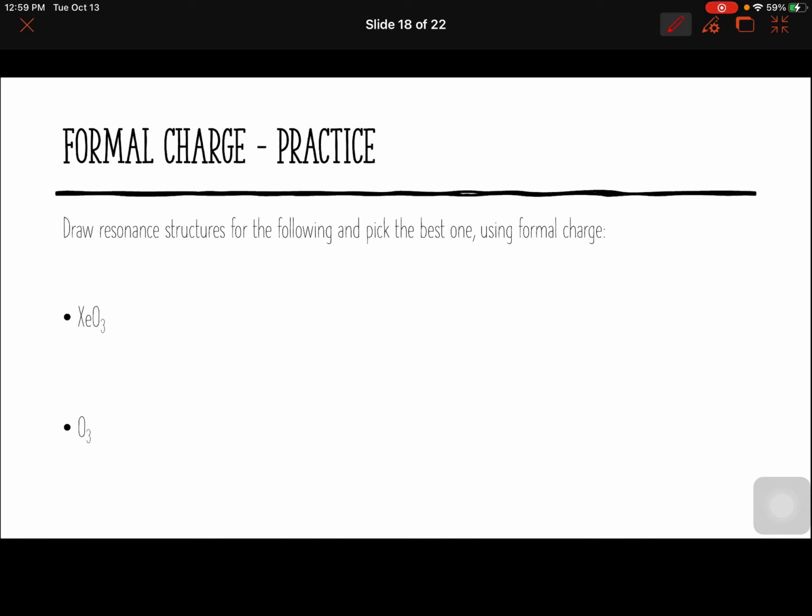We're going to do this XeO3. So there's that. So that's down to 20. That's 18. So there's 2 left, which go there.